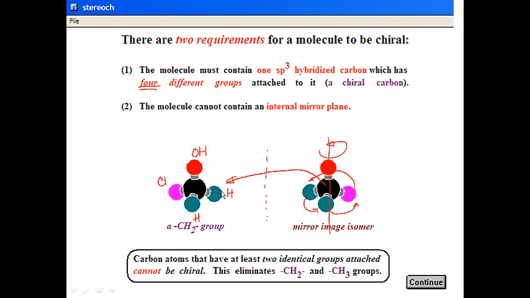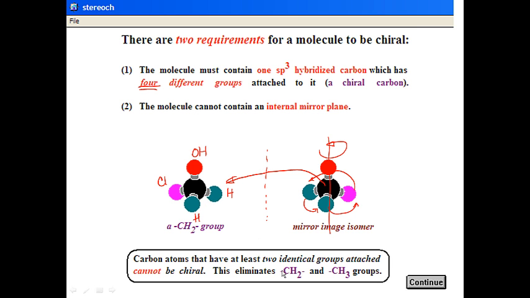Okay, so if you have 2 groups that are the same, you can actually superimpose the mirror image on each other. Well, that means that molecule is not chiral, or that carbon is not chiral. It's only chiral if it's a non-superimposable mirror image. So as soon as 2 groups are identical, that carbon is not chiral.